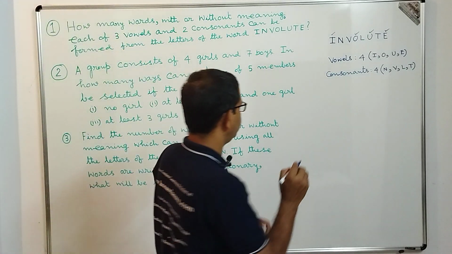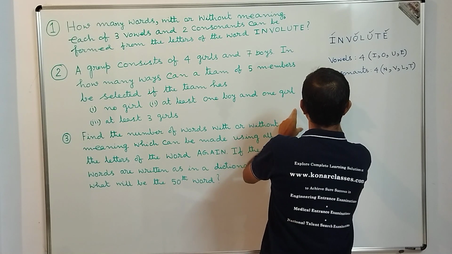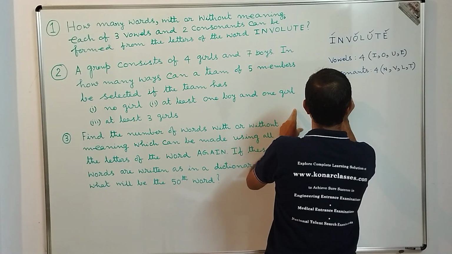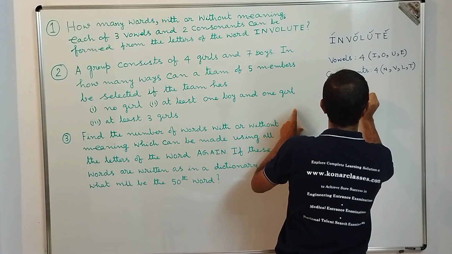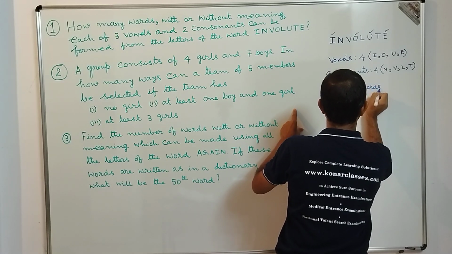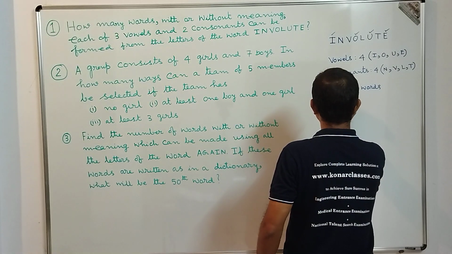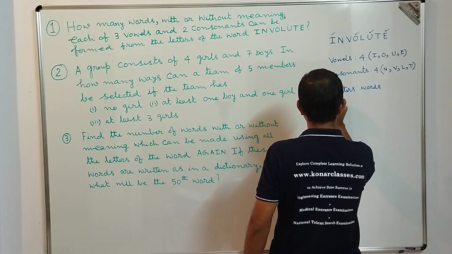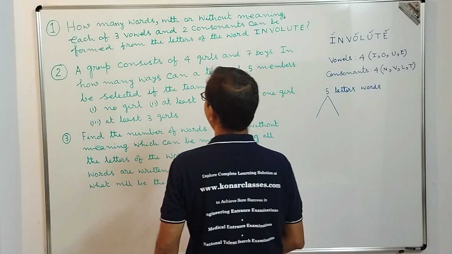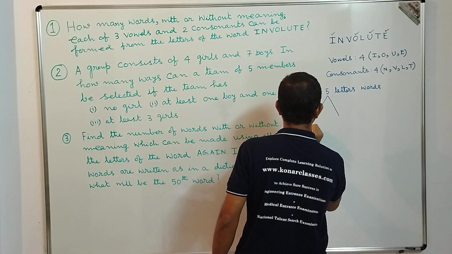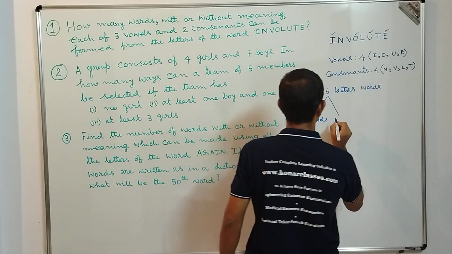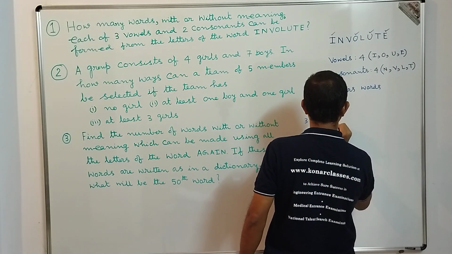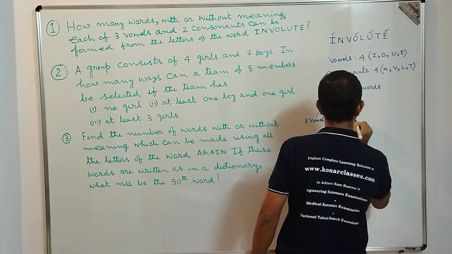Now dear students, it is a 5 letter word. But what is the constraint? The condition is that in these 5 letters there should be 3 vowels, and the 2 should be consonants.